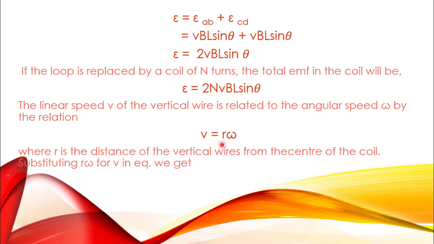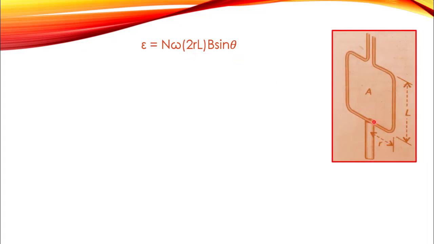We will substitute this value in the above equation. Thus our equation becomes 2n r omega B L sin theta. We would write 2rL separately because here 2r represents the diameter or the width of the loop and L represents the length of the wire.